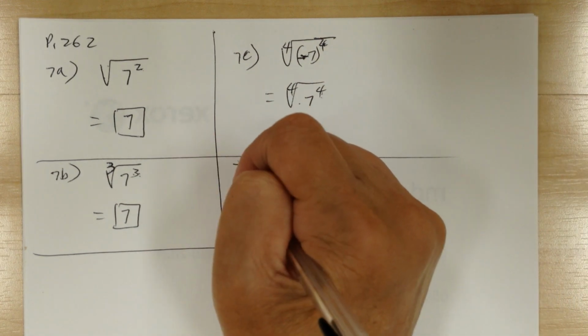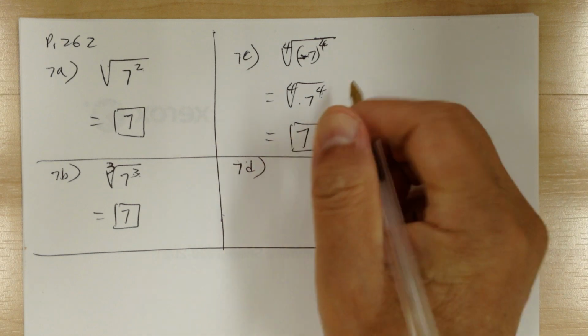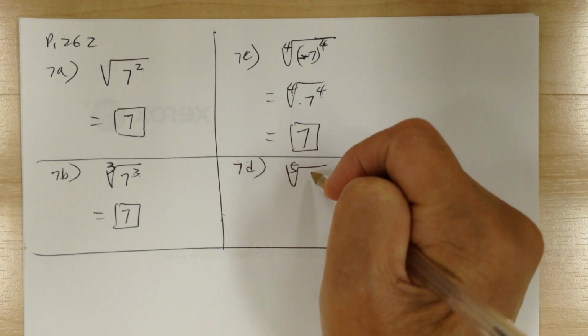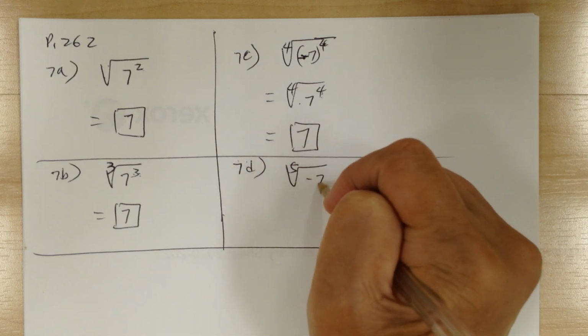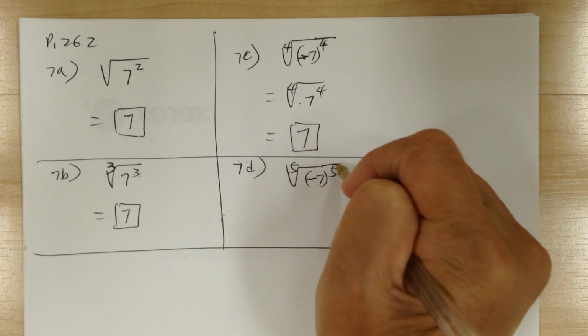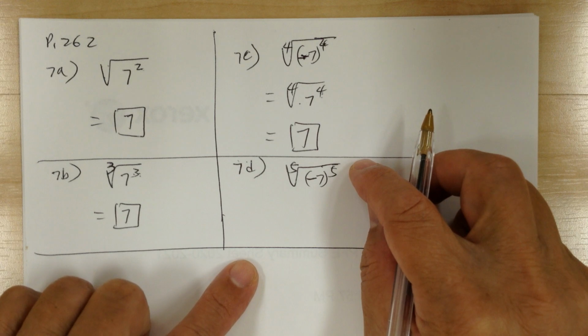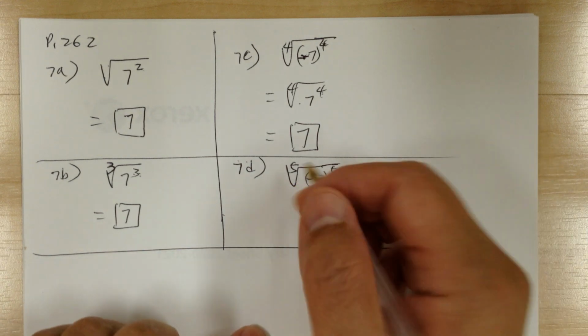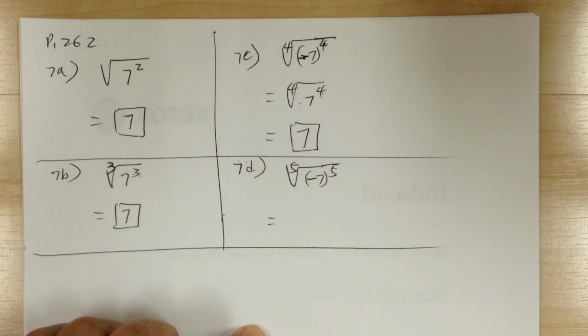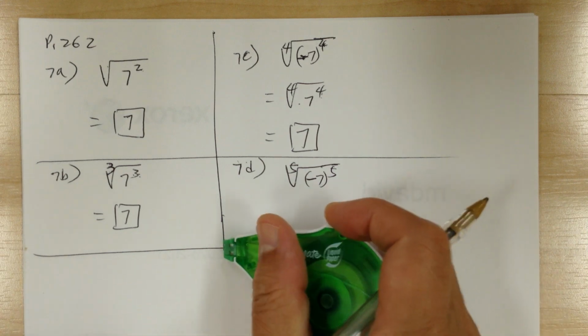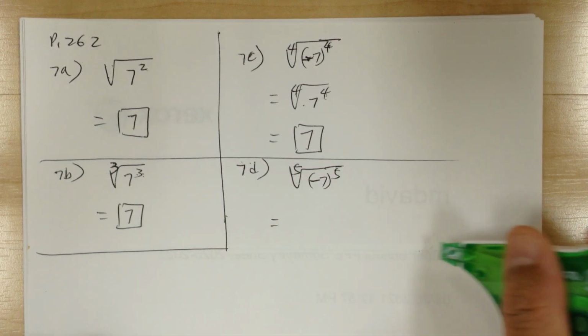Now you get to 7d. The fifth root of negative 7 to the fifth power. In this case, if the exponent is odd, the sign will stay the same, because negative to the 5th power is still negative.